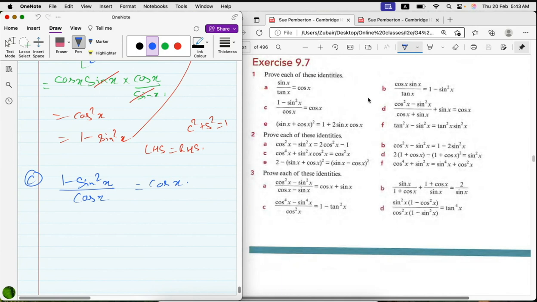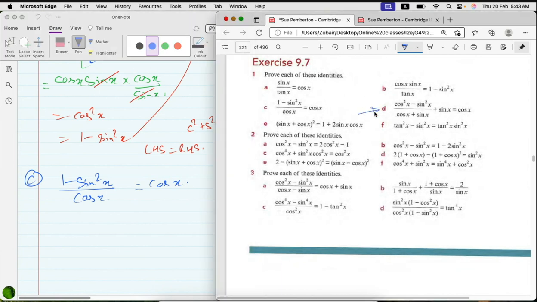Right, D part. So we know the identities already. So it's cos squared x equals 1 minus sine squared x, and then sine squared x equals 1 minus cos squared x.